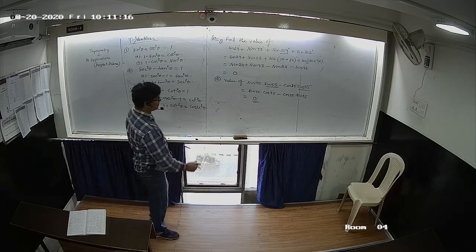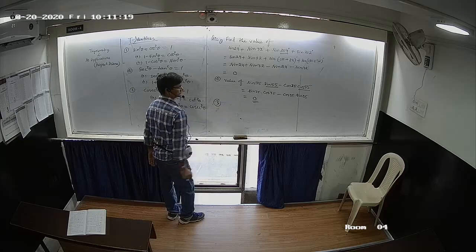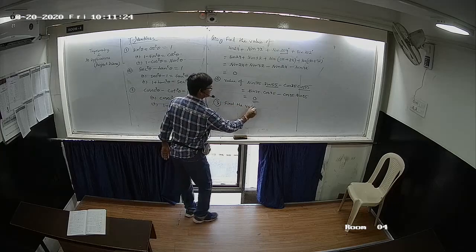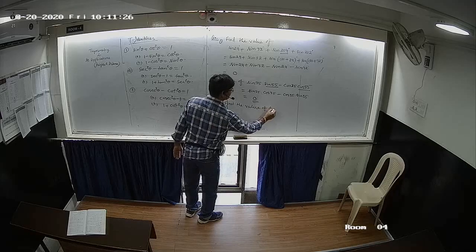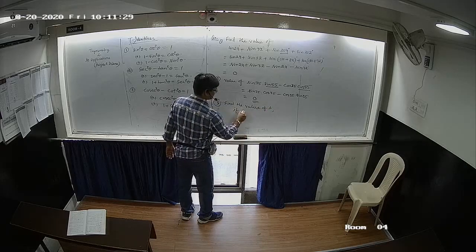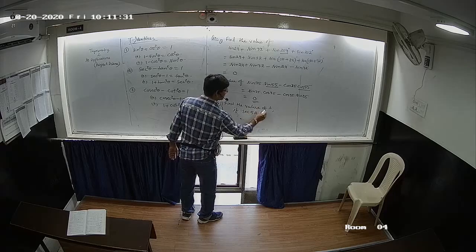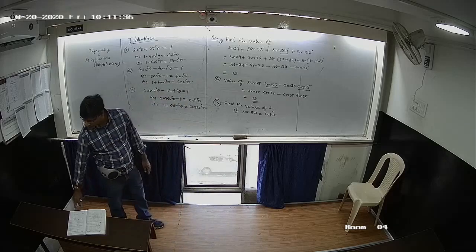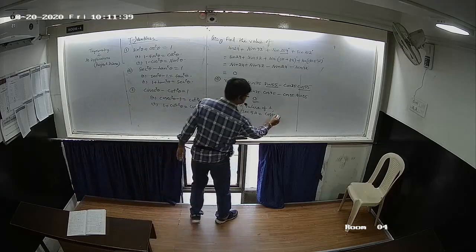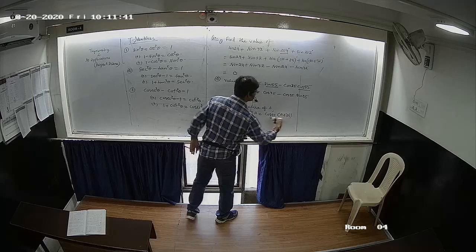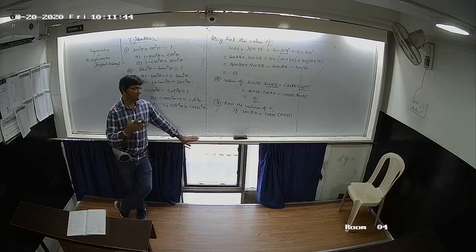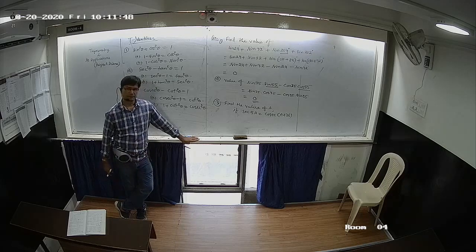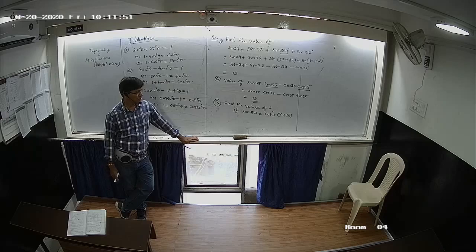Let us find out one more question. Find the value of A if sec 5A is equal to cosec A plus 36. Now, how to proceed for the solution?